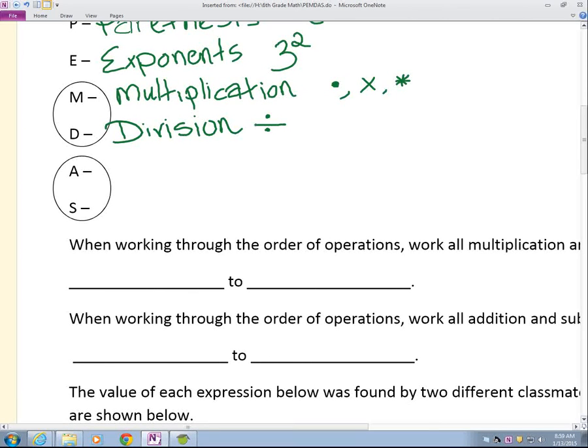A slash, good. I'll do 2 divided by 3. So it can be shown as a fraction. Shown as a fraction, that's division.